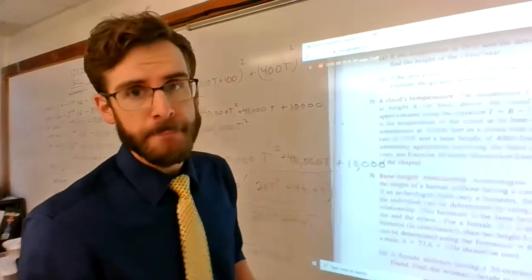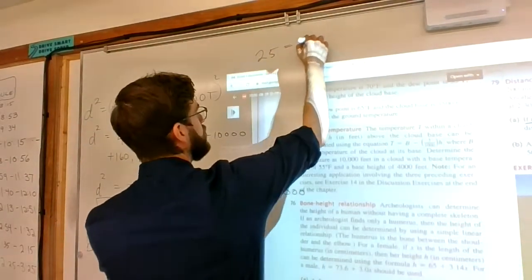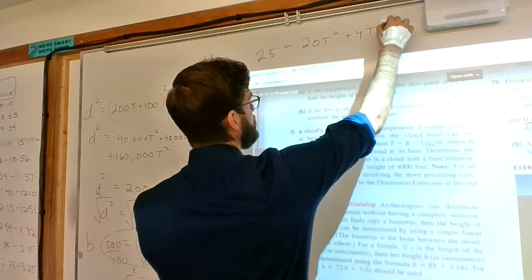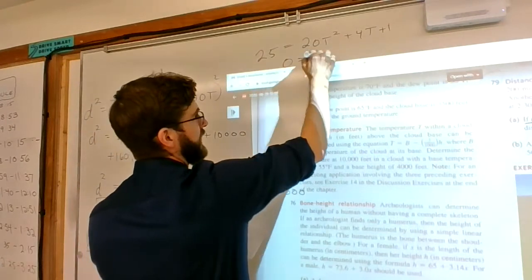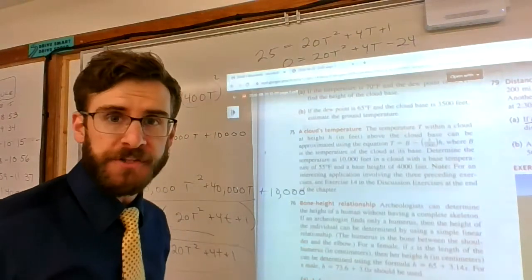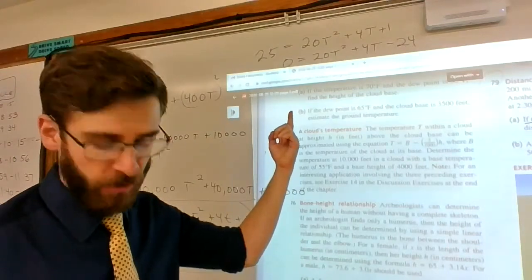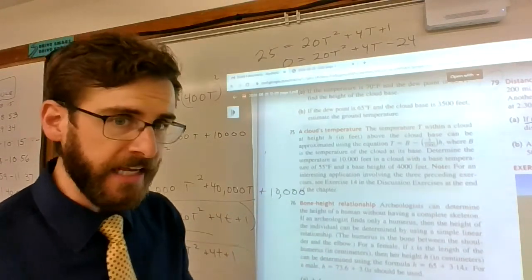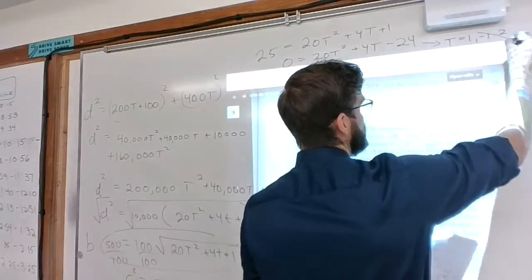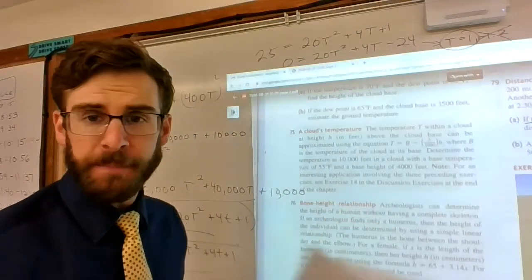You get 25 is equal to 20t squared plus 4t plus 1. If I subtract 25 from both sides, I get 20t squared plus 4t minus 24. If I solve that, plugging it into the quadratic formula, I get t equals 1 and negative 1.2. I'm eliminating that value and saying it's 1 hour after 2:30. At 3:30 p.m., that's when it's going to happen.